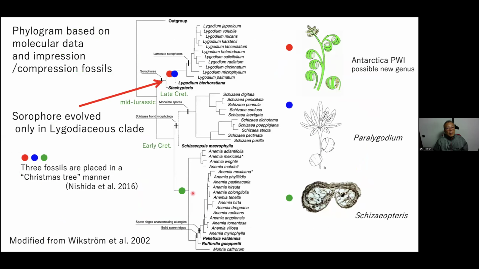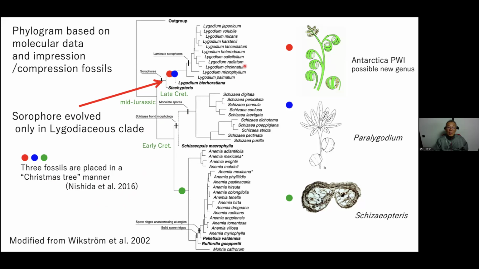So about the phylogenetic position of these fossils, I mean the Antarctic material and the Paralygodium and the Schizaeopteris, we put these in these places preliminarily. And this one is a kind of illustration that Gary Rothwell calls the Christmas tree.